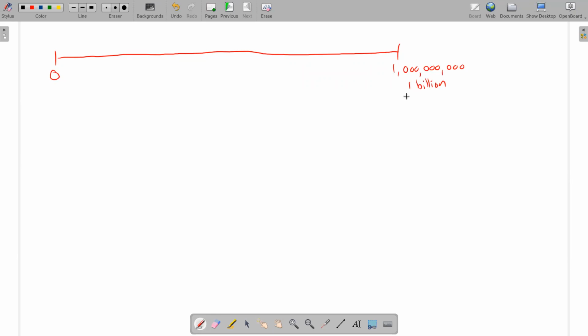What I want you to do is make a mark on here, like this is a ruler. Make a mark on your ruler where 1 million lives. So where on this ruler is 1 million? And if anyone is brave enough, put a note in the chat about where I should make my mark.